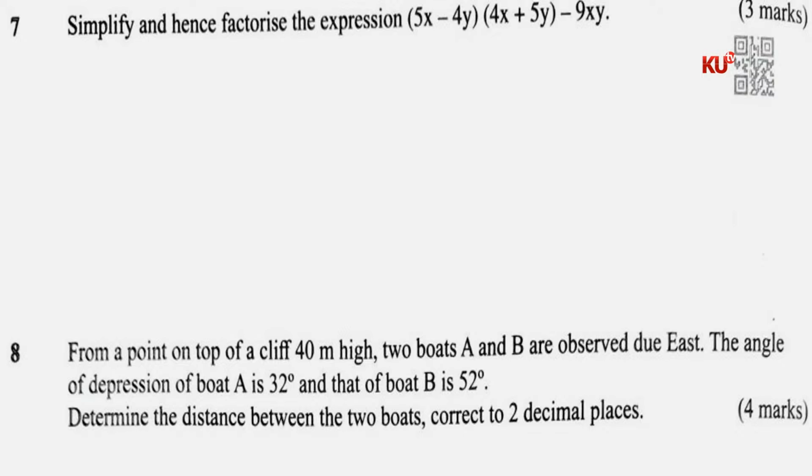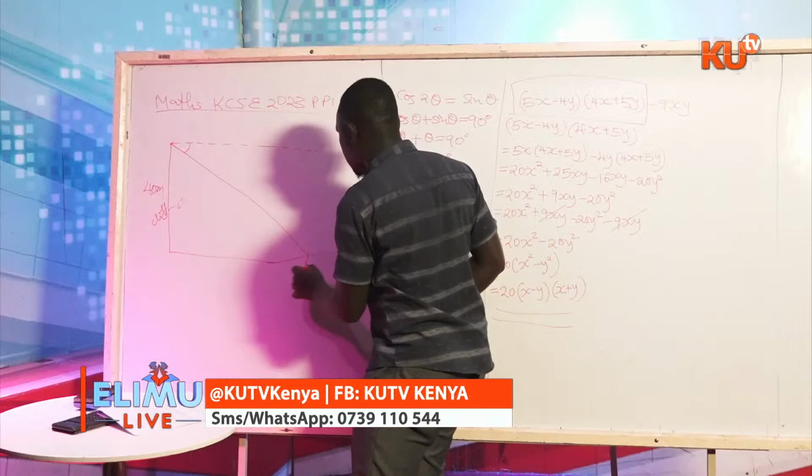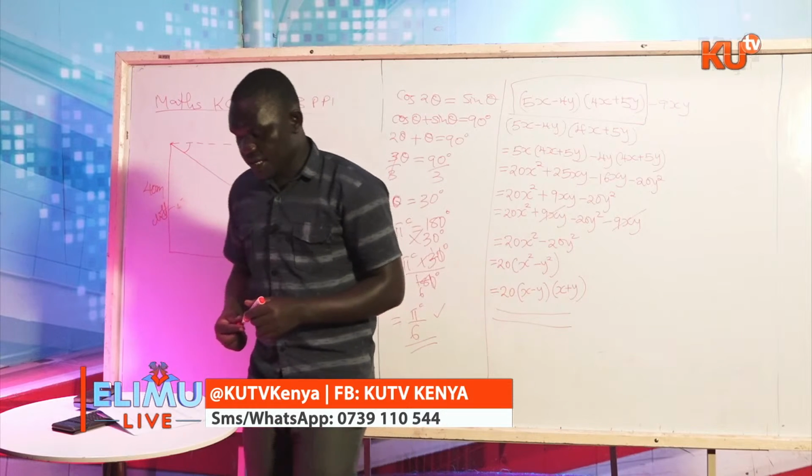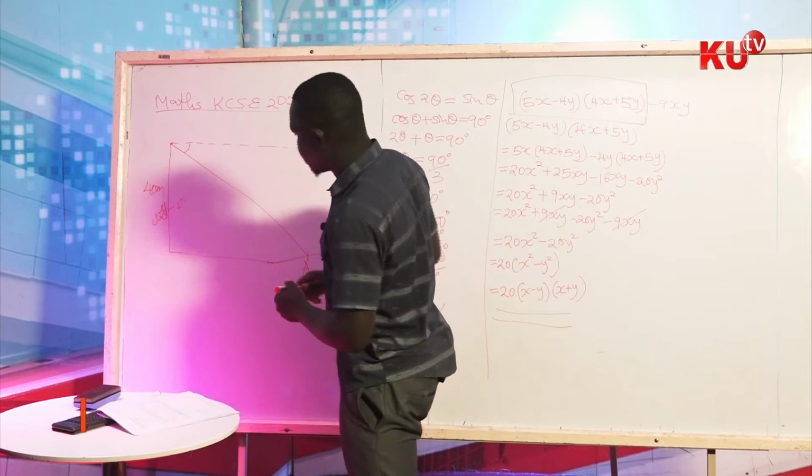Now, the angle of depression for boat A is 32 degrees. Meaning when I'm at the top of my cliff, the angle of depression here, they are talking about this angle. If this is where my boat A is, the angle of depression for boat A is 32 degrees.